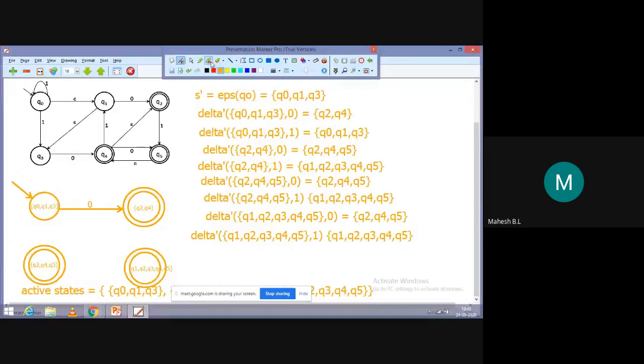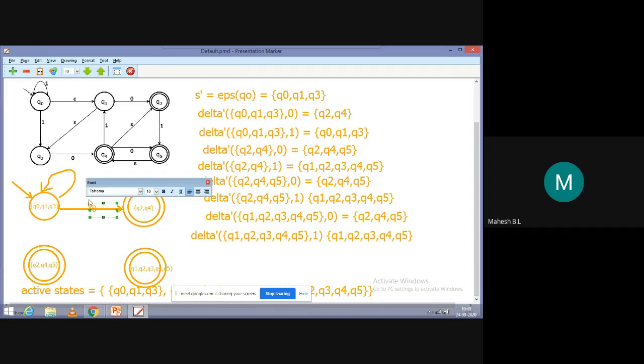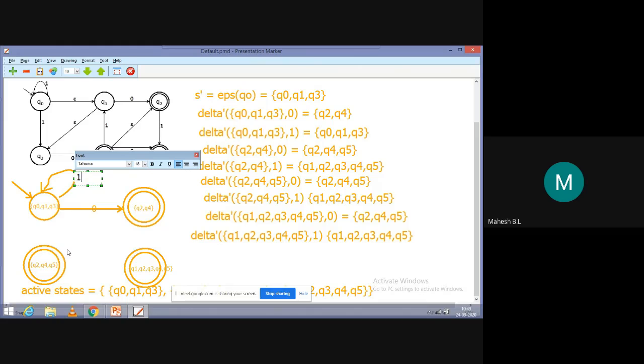Q0, Q1, Q3 means self. So on 1 there is a transition to itself. Okay, so this is the transition to itself.